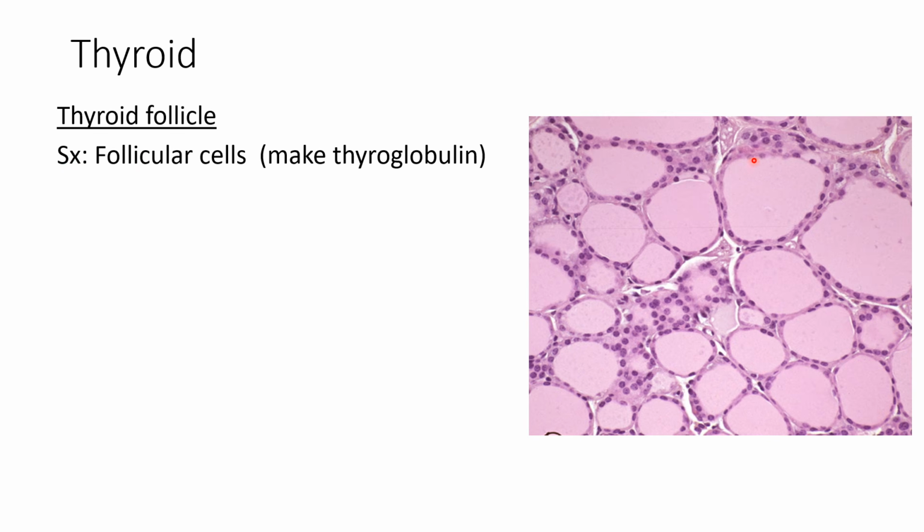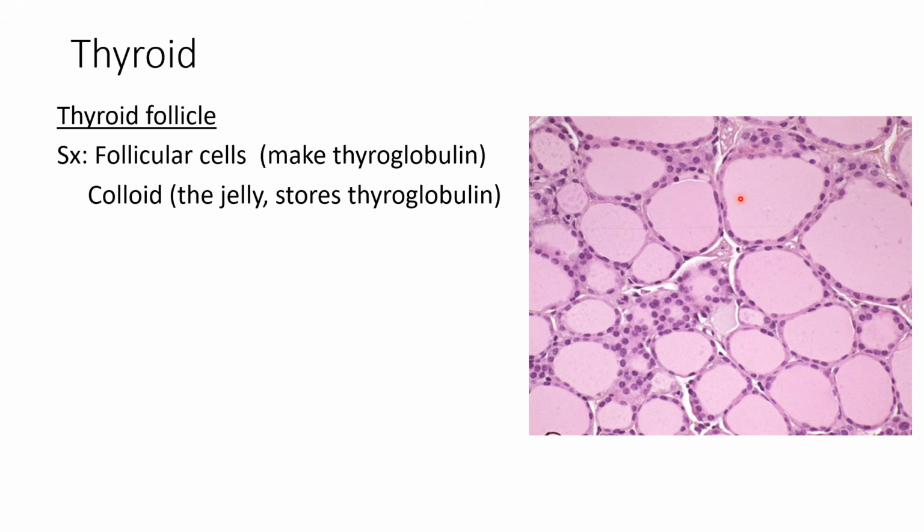There are these follicular cells along the outside. They make the thyroglobulin, which is essentially like incomplete thyroid hormone. And that thyroglobulin gets stored in this pink jelly area that is colloid.